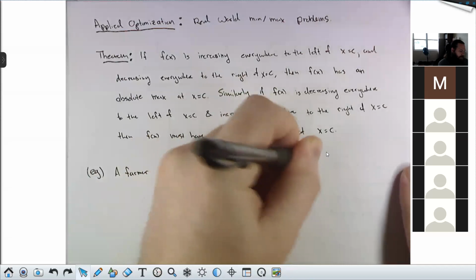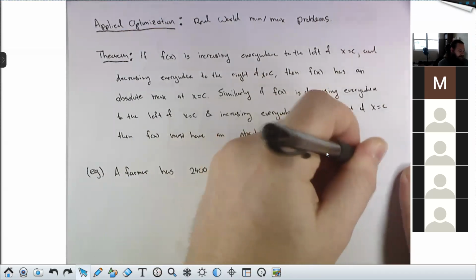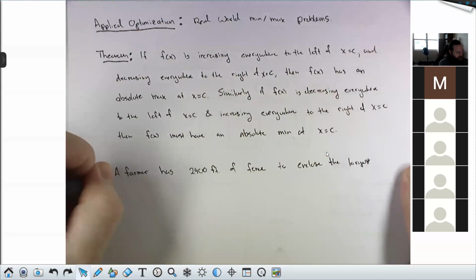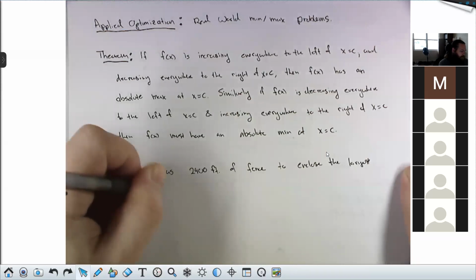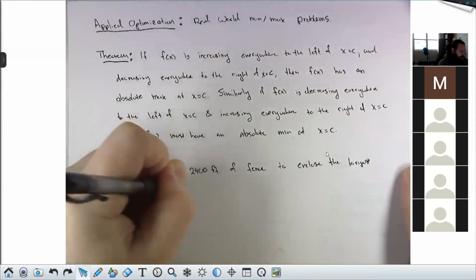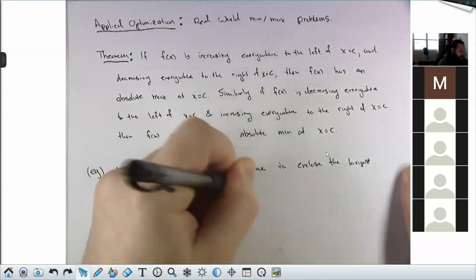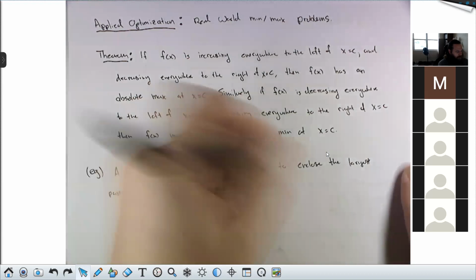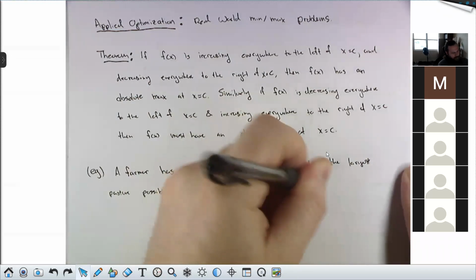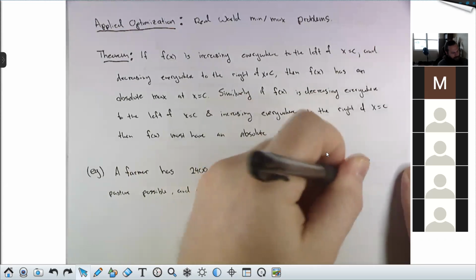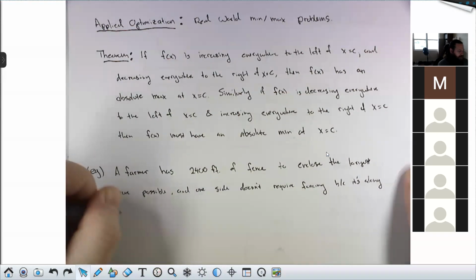To enclose the largest pasture possible, and one side doesn't require fencing because it's along a river.